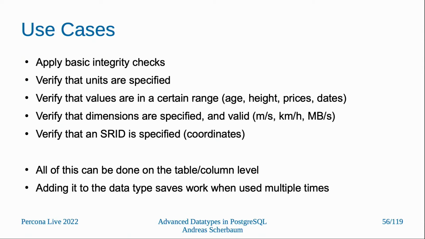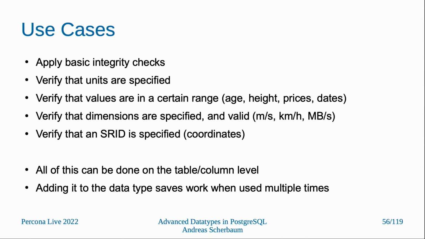Just some use cases. You can use integrity checks like check constraints. You can verify that specific units are there, like if you want to add a speed field as a text field, you can verify that whatever the user added actually has a unit. Or if you use coordinates, you can verify that this is actually valid.